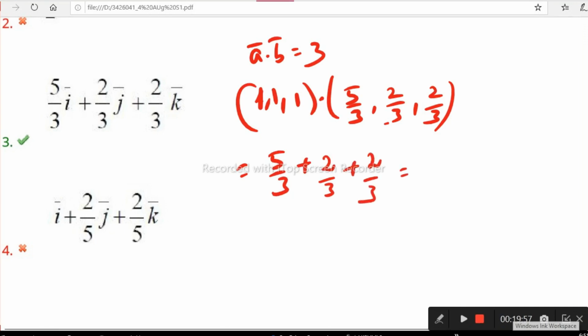Yes, 5 plus 2 plus 2, 5 plus 4, 9, 9/3. Is 9/3 equal to 3 or not? Therefore the third option is the correct one.